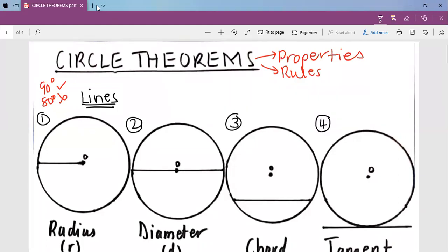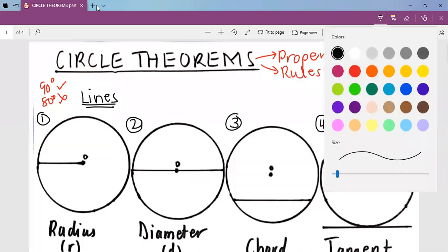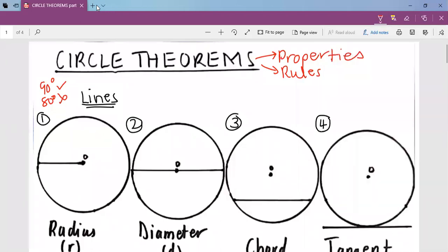When you look at number 1, we have a straight line from the circumference to the center of the circle. This straight line is known as a radius. So we have to remember all the time, a straight line from the circumference to the center of the circle is always known as a radius.